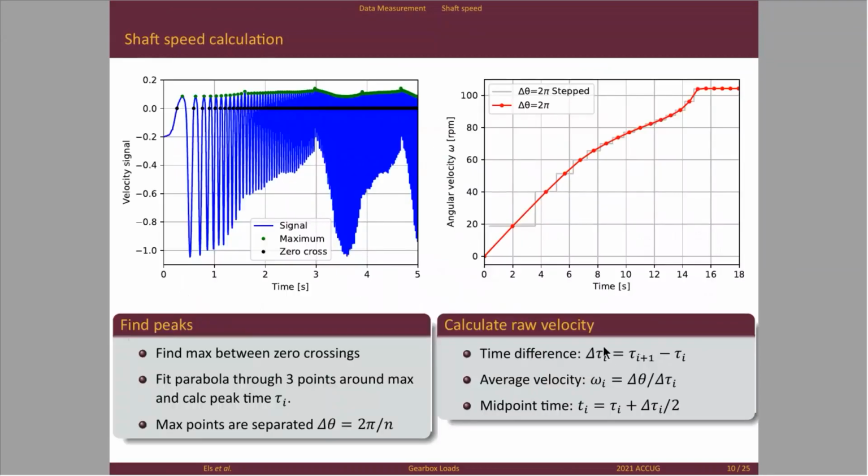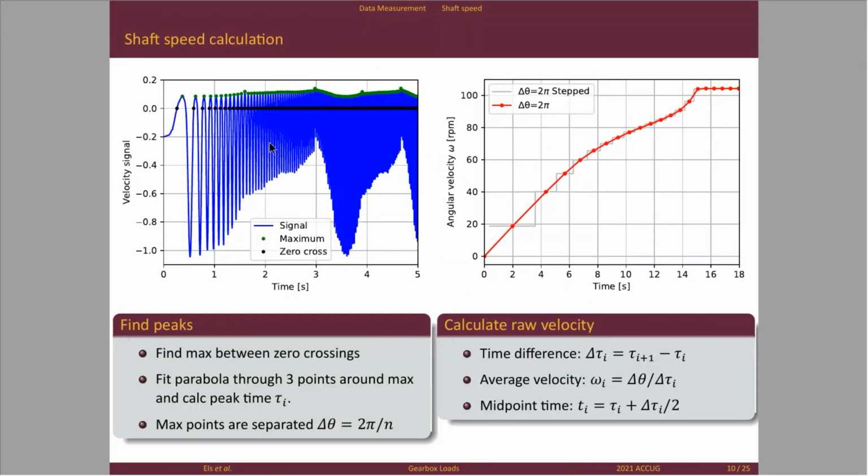So the shaft speed calculation is a difficult thing because we need sub-rotation speed to get a decent analysis. And on that scale, it's quite difficult. So I think we were fairly successful. The signal from the magnetic pickup, and we used a wheel with 60 teeth in it, looks like this.